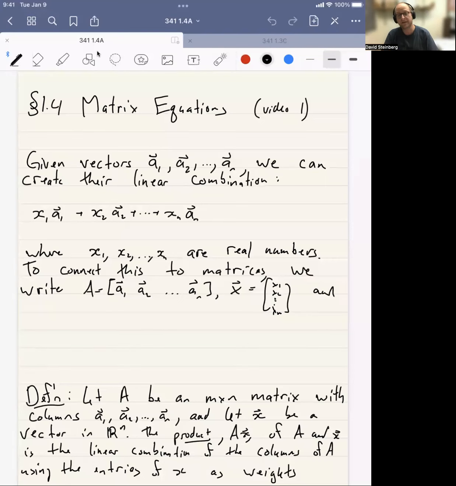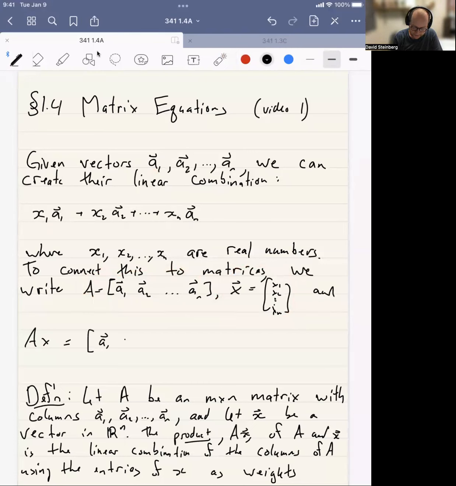This is vector equations. And then to connect this to matrices, if we collect all of our vectors a1 through an into a matrix, and collect our scalars x1 through xn into a vector x, what we'll write is just that Ax is equal to all of this.